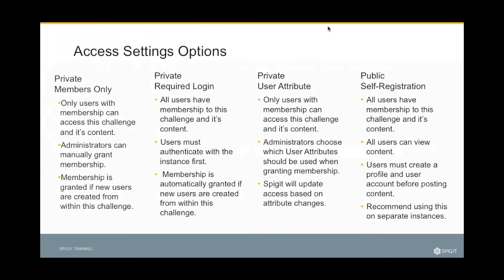Versus private user attribute, maybe I don't have the list of users that should have access to the challenge, but say, for example, I know everybody in IT should have access to a challenge. Maybe I'm running a specific challenge for that team. If they have that user attribute within their profile, it may be just easier for me to set up a private user attribute access setting for that challenge if I know that they all have that attribute, as opposed to trying to compile a list of users to import or manually granting each individual access to the challenge.